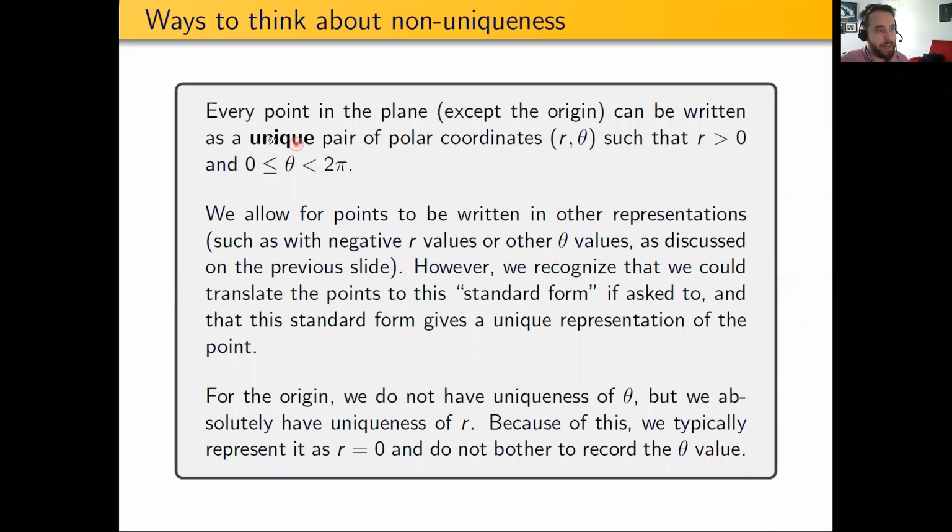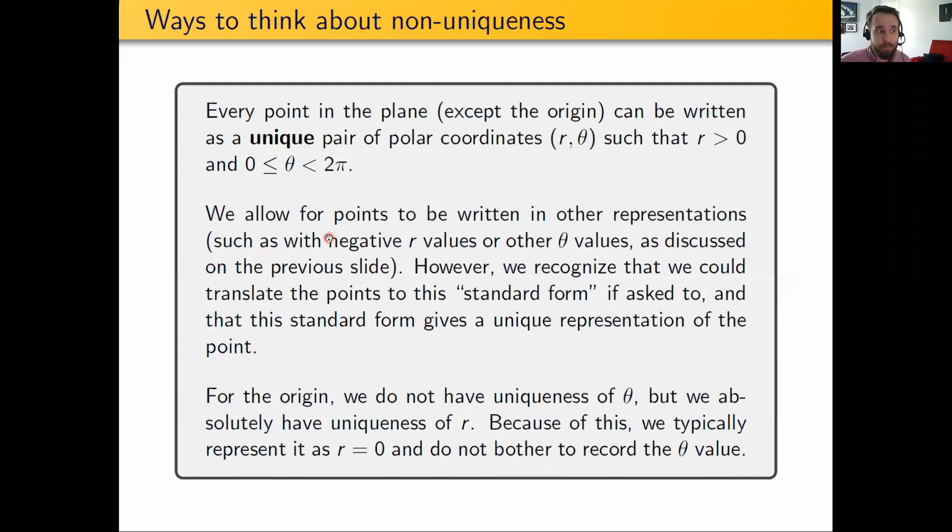So if we want to get at this uniqueness, a unique pair of polar coordinates r comma theta, we specify that r is positive and theta is between 0 and 2 pi, right? We can allow for points to be written in these other representations, so letting the r value be negative, letting our theta value be something like 6 pi, everything that we discussed earlier.